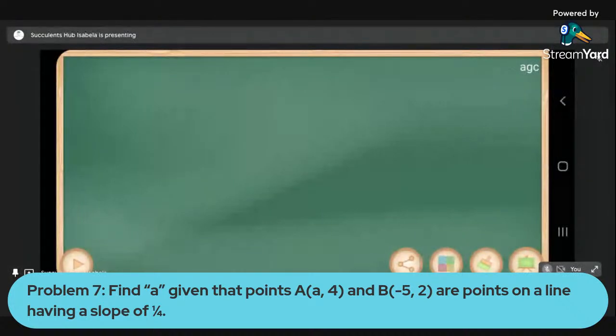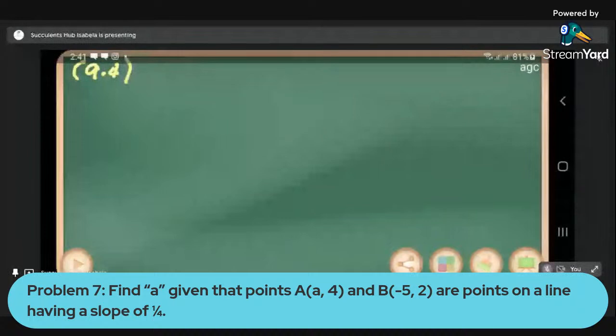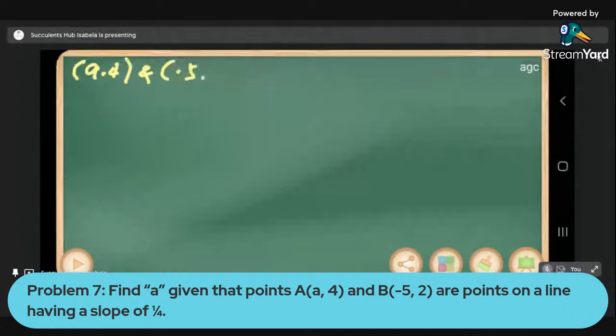So anong sagot natin? A is equal to what? Ayan. So parang lalabas dyan, guys, ay you will have A, 4 and -5, 2.